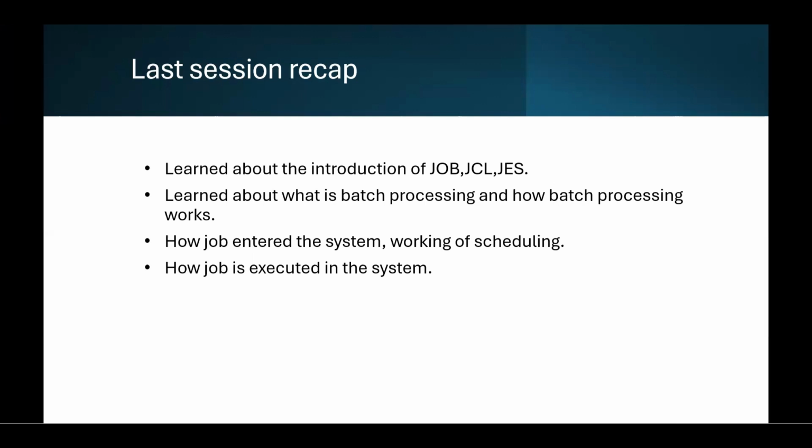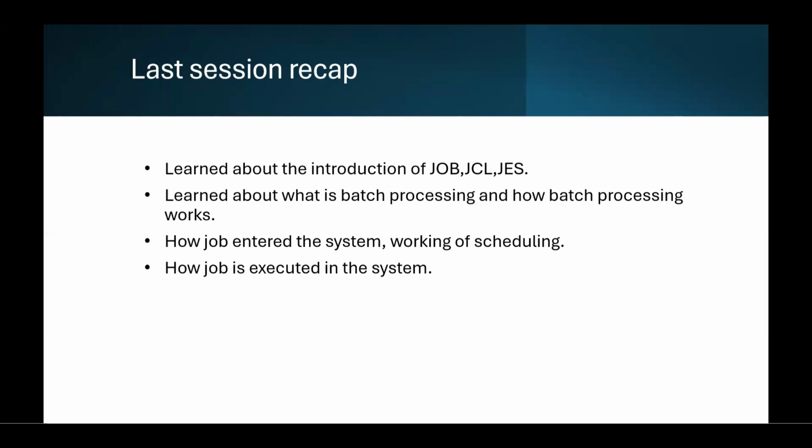After that, we started the life cycle of a job. In the last lecture, we learned how the job is entered into the system and how scheduling works. Scheduling is the system that schedules the job for further processing. Based on priorities and class, we can set the execution of the job, and we can manipulate the priority of any job.